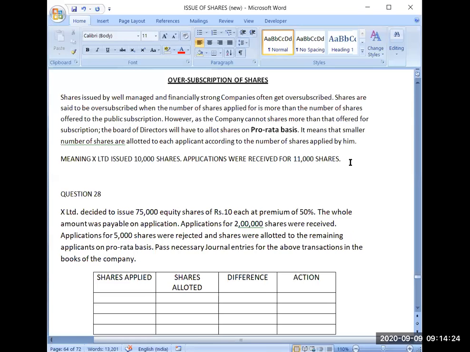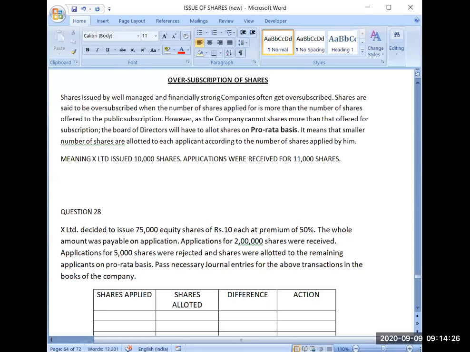Okay. So now the next question is how the allotment of shares will be done.